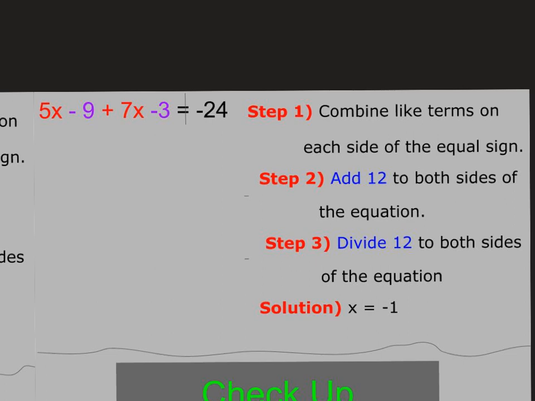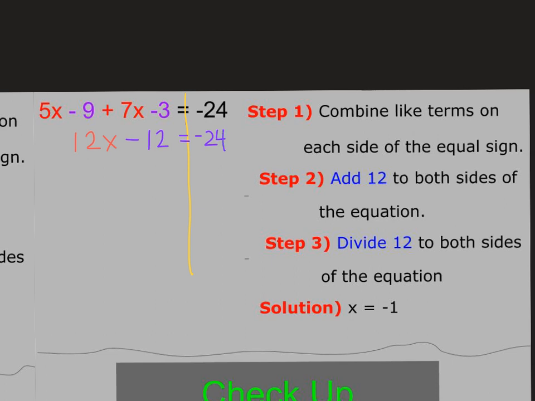So if we combine the 5x plus 7x, that's going to give you 12x. And then negative 9 minus 3 is going to give you negative 12. Bring down the equals negative 24. Now you have yourself the two-step equation.